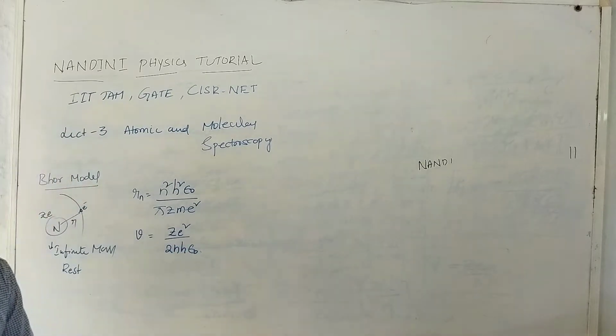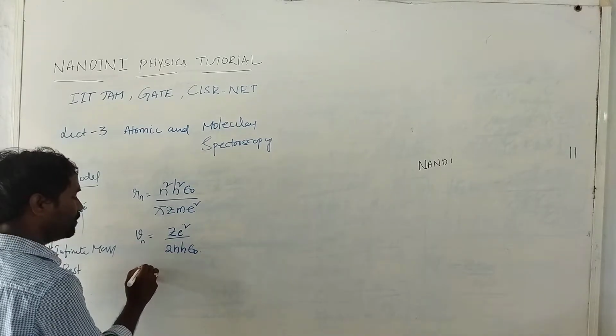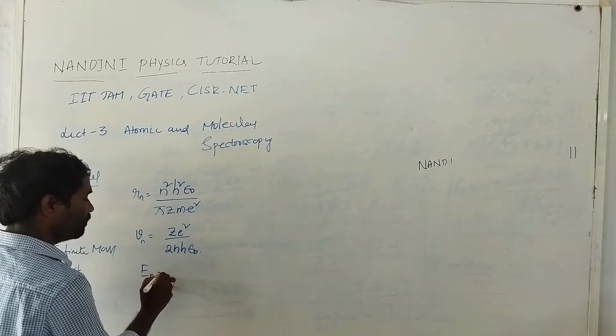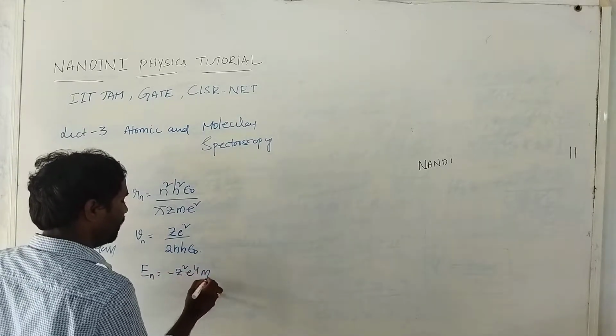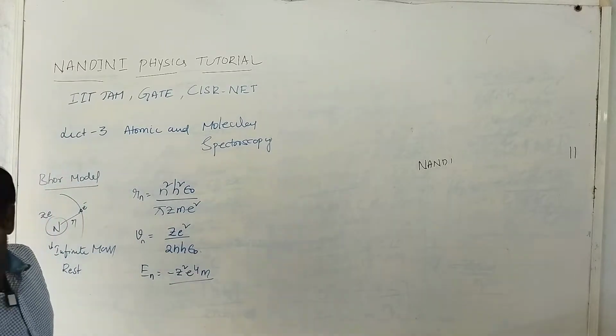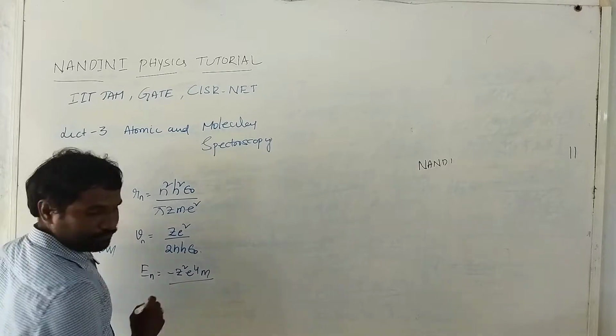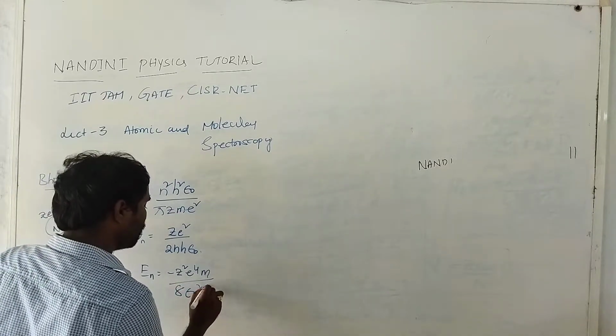So this is the velocity formula, z e square divided by 2 n h epsilon naught, and the energy E is equal to minus z square e power 4 m divided by 8 epsilon naught square n square h square.